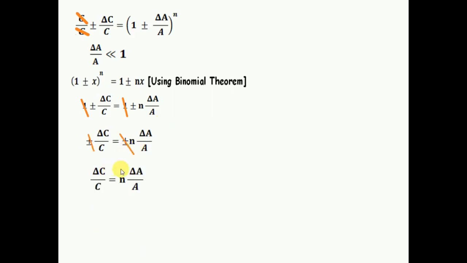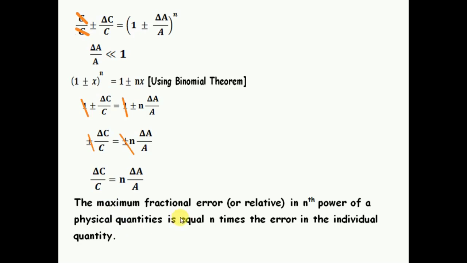So I'm left with delta C by C is equal to n times delta A by A. So the maximum fractional error in nth power of a physical quantity is equal to n times the fractional error in the individual quantity. So we just have to multiply the power with the fractional error of the physical quantity.